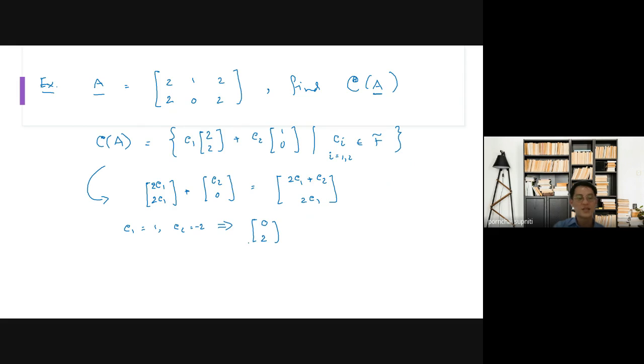If you change the numbers, you get different vectors. Let's say C1 is 2 and C2 is 3, just as an example. Then we have 2C1, which is 4, plus 3 is 7, and then 2C1 gives you 4. So that's all.